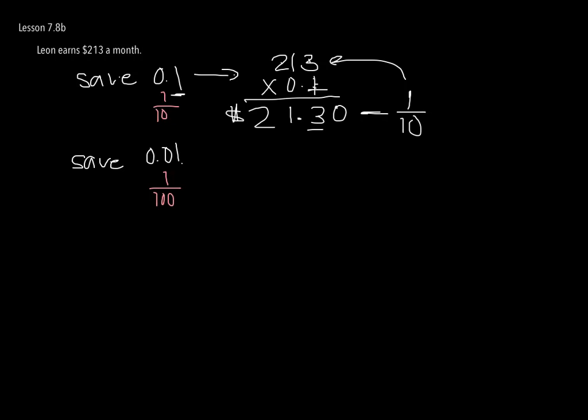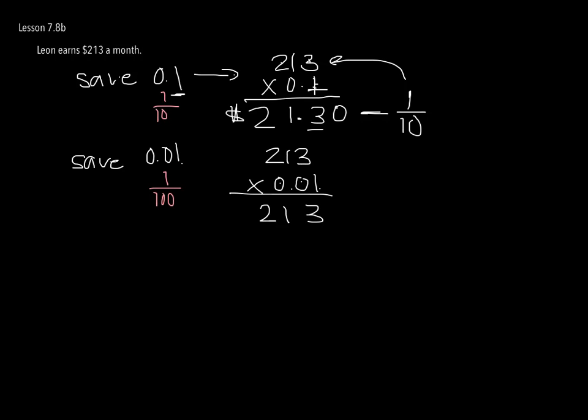Now, to do that, I'm going to set up my problem again. 213 times 0.01. I'm going to multiply that out. 213 times 1 is going to be 213. And I don't have to multiply by the zeros because I know the answers to those are going to be 0.